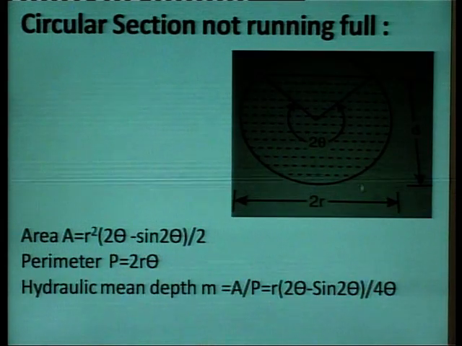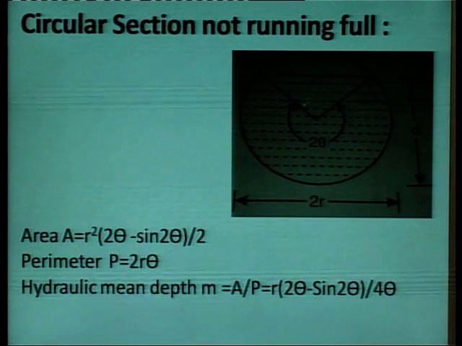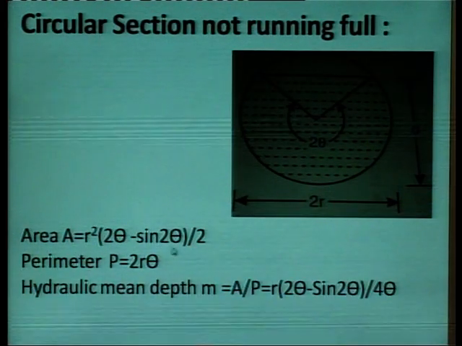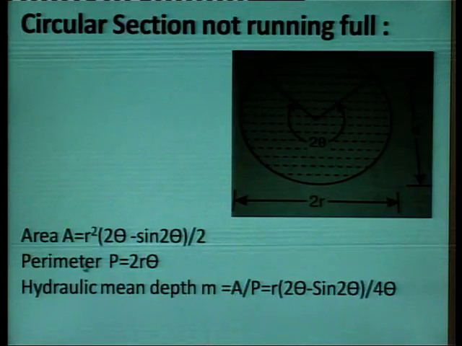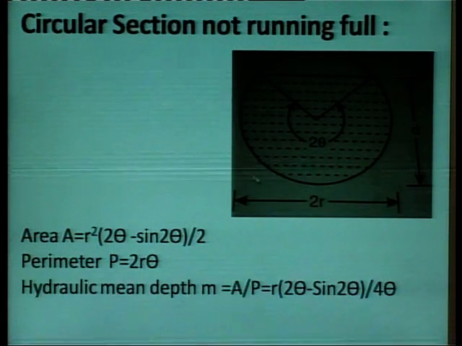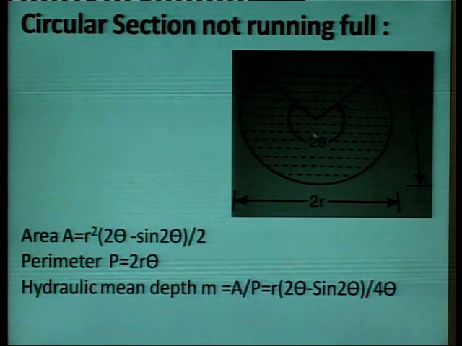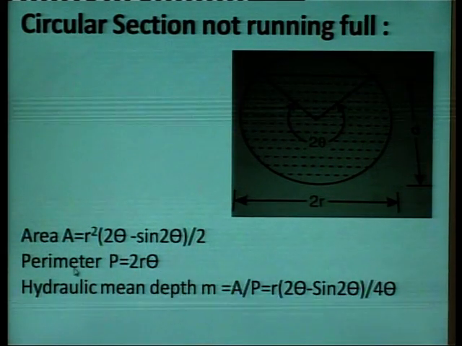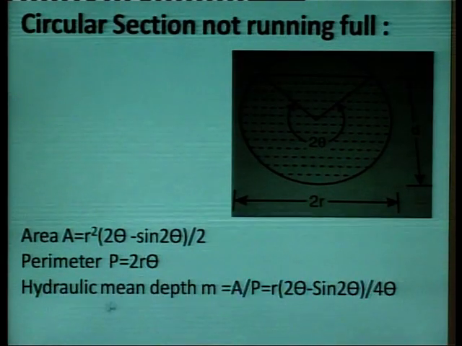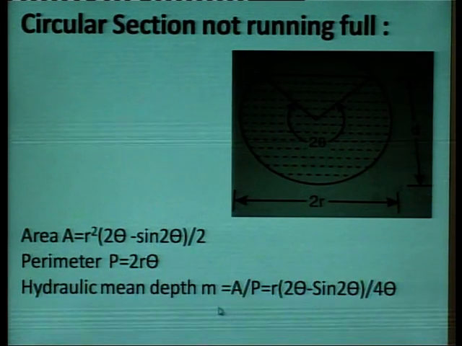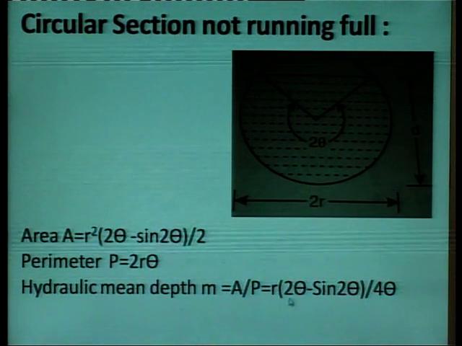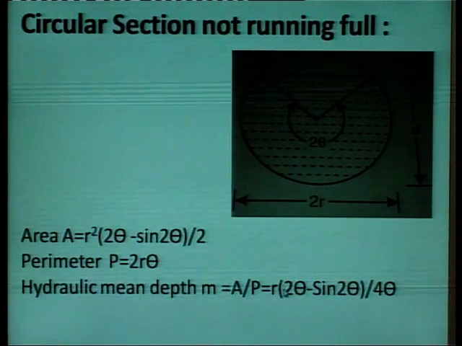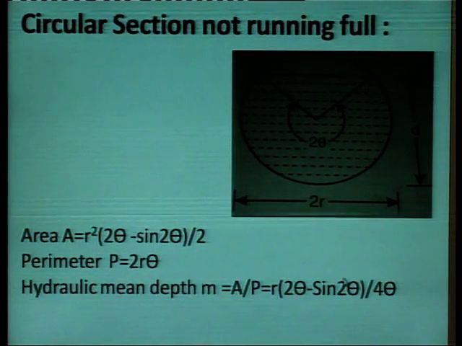Now the area in this case, by means of the geometry, comes out to be r square times (2 theta minus sin 2 theta) divided by 2, and the wetted perimeter for angle of 2 theta comes out to be 2r theta. The value of the hydraulic mean depth m is equal to a by p. We substitute the value of a and the value of p, which comes out to be this relation.